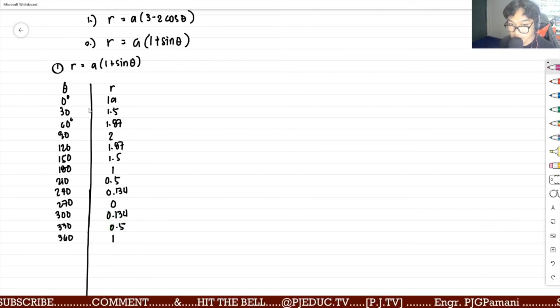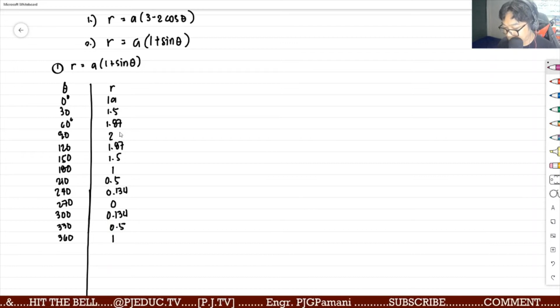More or less, baka this figure shows a heart.